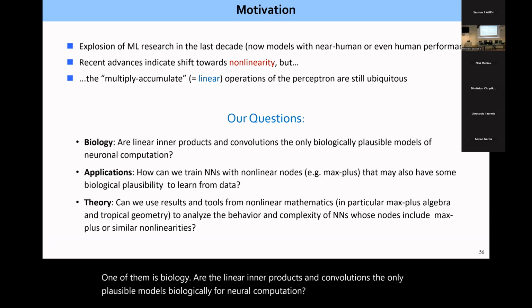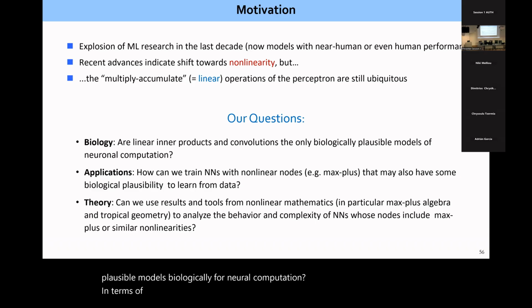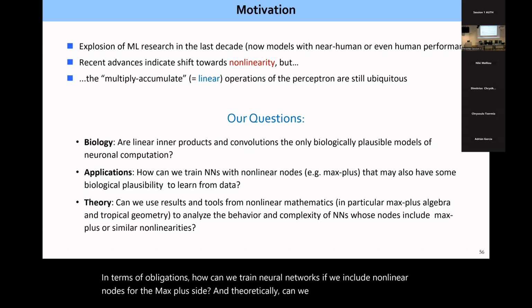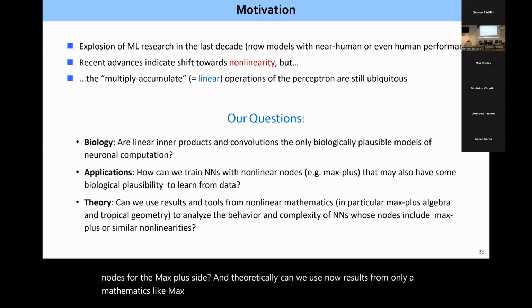In terms of applications, how can we train neural networks if we include nonlinear nodes of the max plus type? And theoretically, can we use results from nonlinear mathematics like max plus algebra and tropical geometry to analyze the behavior of these nonlinear nodes? So I will leave you with these questions and come back after the break.